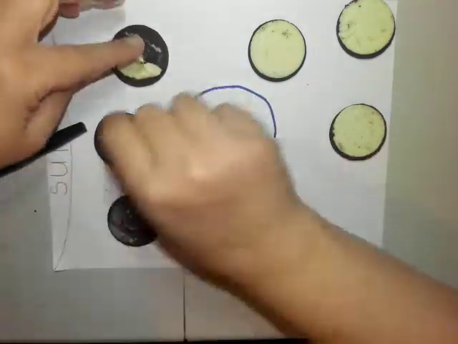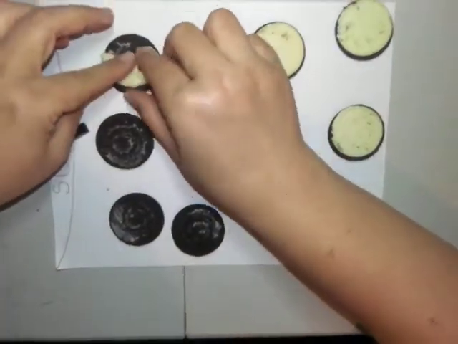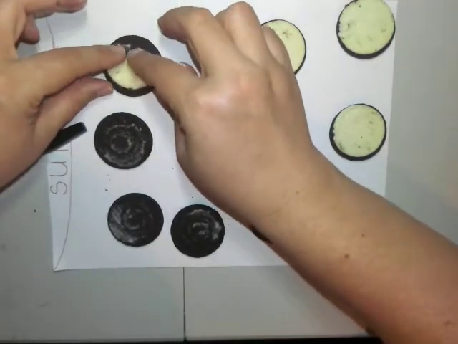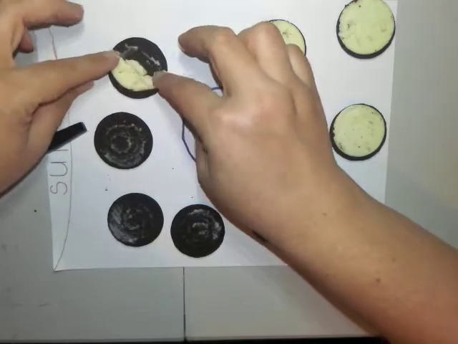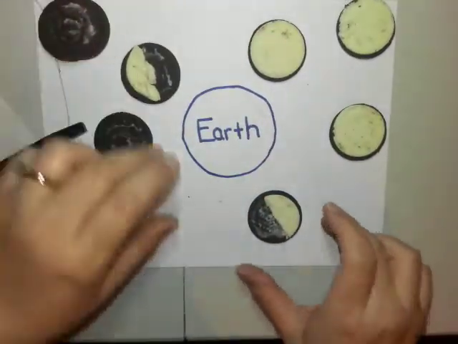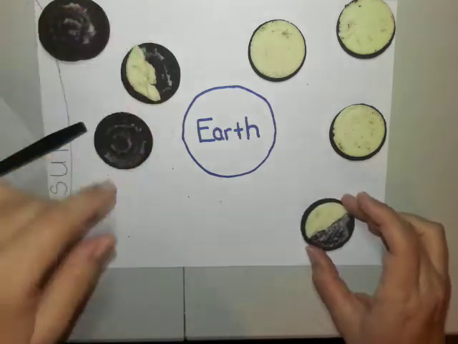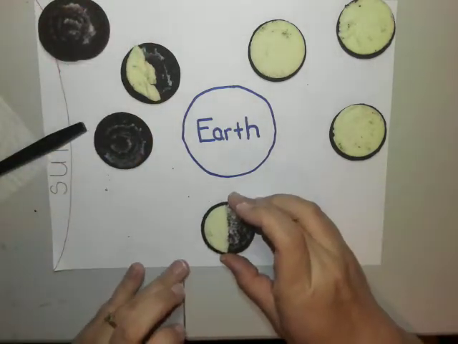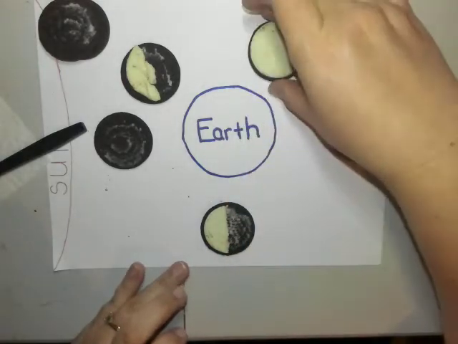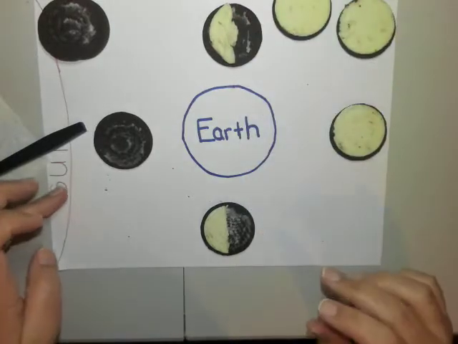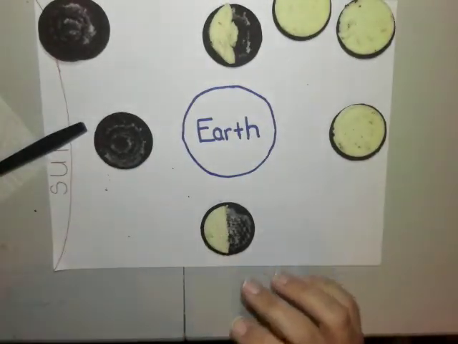It just doesn't look very pretty. Okay, so there's half, and remember, the sun is always reflecting, so we're always going to see the reflected side. It's always being hit by the sun.